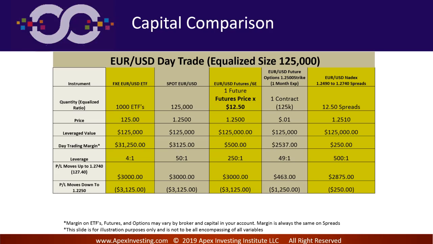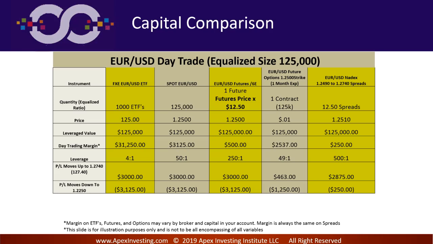And only $250 on a Nadex spread. The leverage on the ETF would be 4 to 1, 50 to 1 on spot FX, 250 to 1 on the future, about 50 to 1 on the option, and 500 to 1 on the Nadex spread. So you're getting really good leverage, putting up less money to control the same amount.